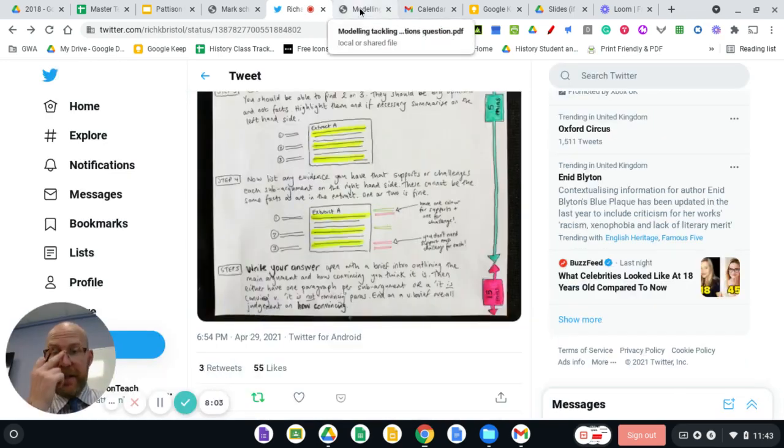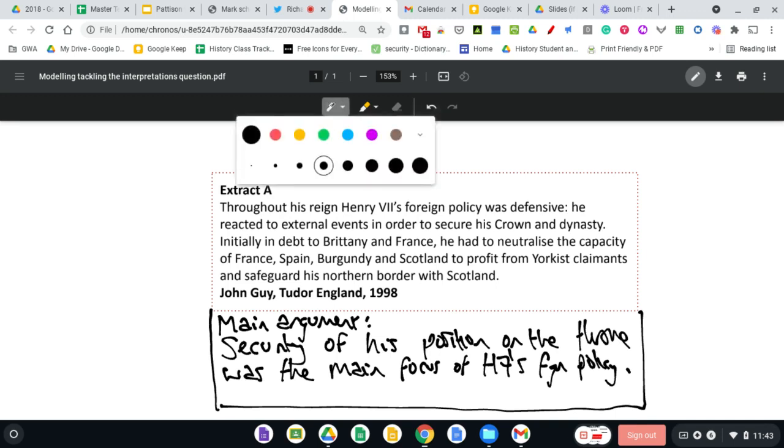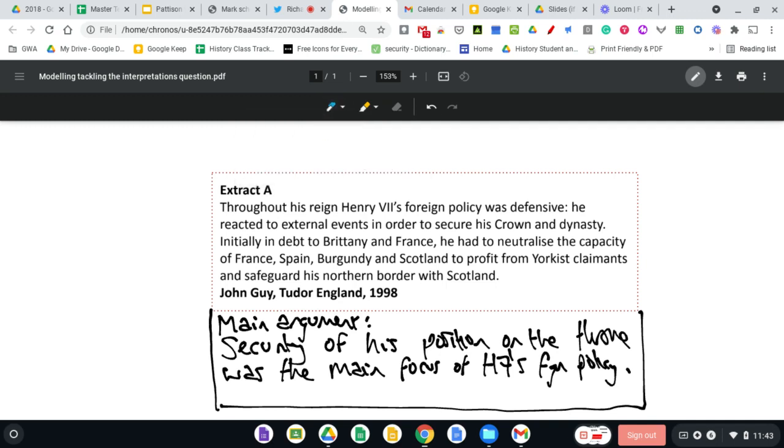Okay, so hopefully you've had a chance to analyse the extract and think about what sub-arguments you're bringing out there. So let's have a look. Sub-arguments, and I'm going to change to a nice blue. So the first argument is that his policy was defensive. The next argument is that his policy was reactive.